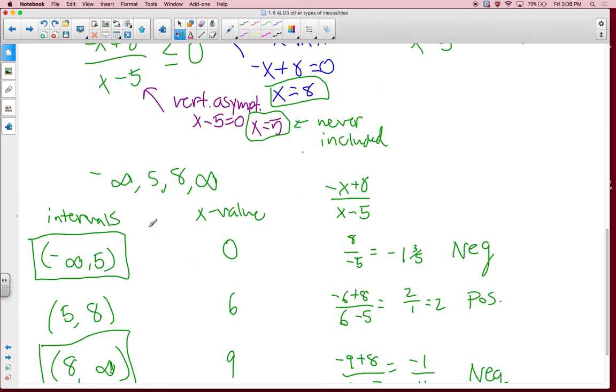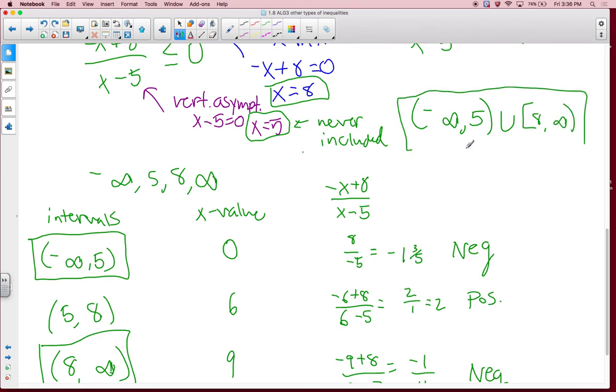So we're going to write this out as negative infinity to 5. We know that whenever it has infinity, we use parentheses. Since this is an asymptote, we use parentheses. Union, then 8 will be included. It's less than or equal to, and 8 is your x-intercept, so we are going to include 8 all the way up to infinity. Here's our solution.